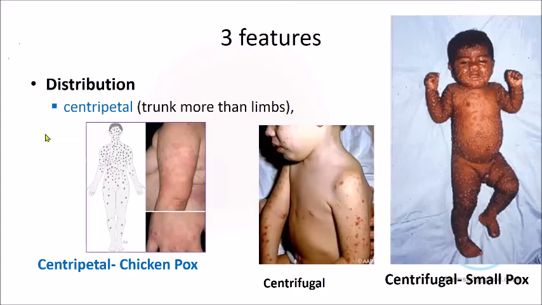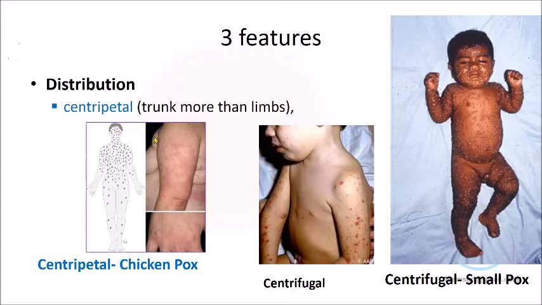Now, again the distribution: centripetal and centrifugal. Okay, who can understand the words centripetal and centrifugal here? Can anybody say? Centripetal means more in the trunk and less in the limbs. Yes.